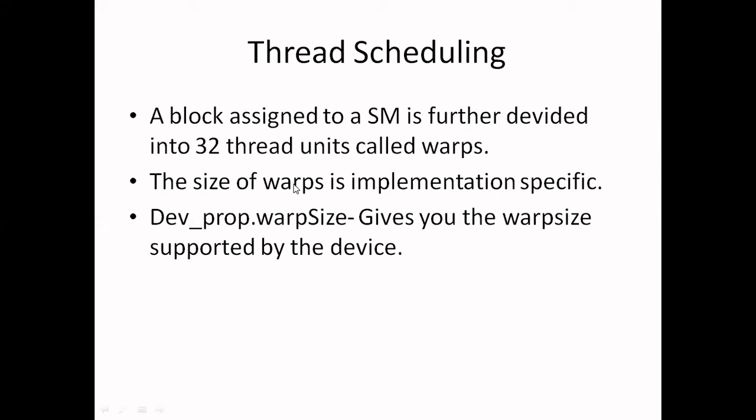The size of the warp is implementation specific, which means device specific. You can also find out the warp size of your device. You just write devProp.warpSize. Notice that for these variables the first character is small and the first character of the next words is capital. H is capital. So this will tell you the warp size of your current device.